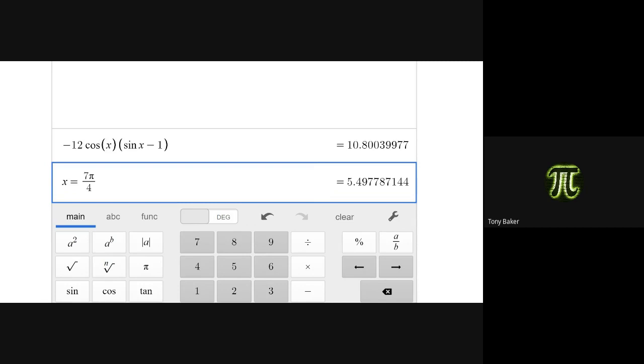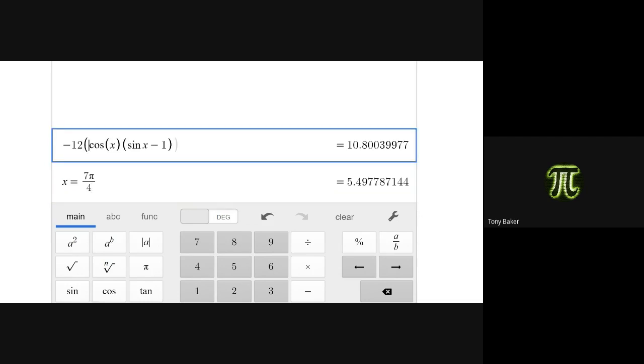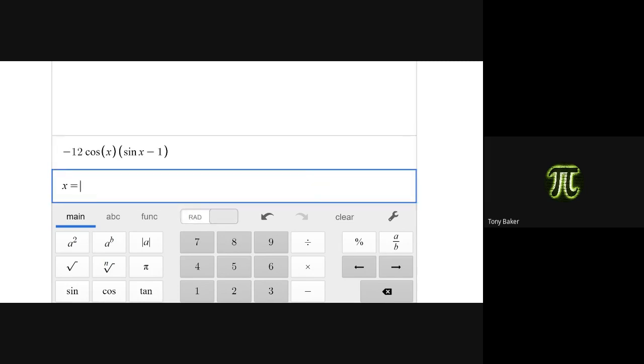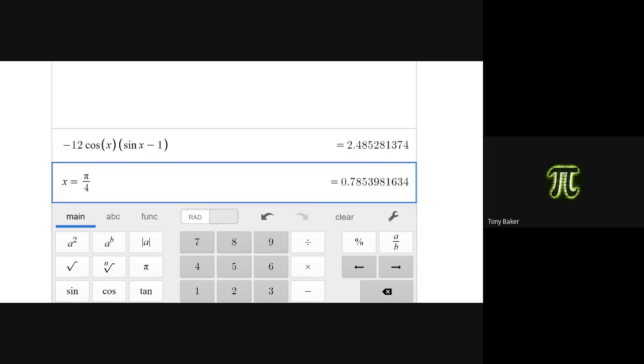I typed this wrong. Oh, that would be why. I'm in degrees. All right, so pi over 4 is positive.